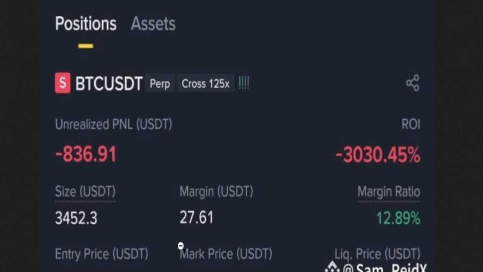If this trade eventually started going in this person's favor, and it got to 3,000%, this person would not make up to 800 with this margin right here, because it would be 3,000% of $27, not 3,000% of whatever you have in your account. So with cross margin, when you are losing, you lose more, and when you are making profit, you make less. Cross margin is just to hold your position.